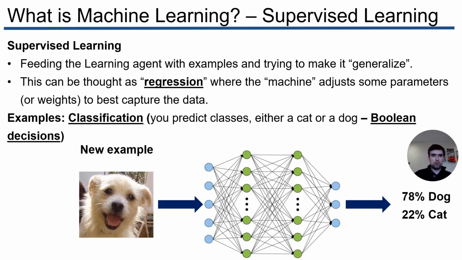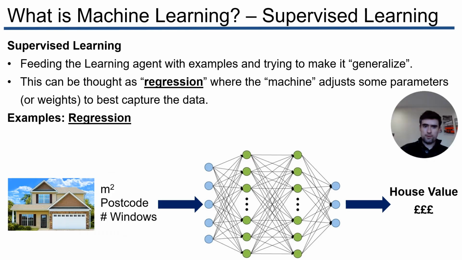Again, this is what we would call classification, because we make Boolean decisions and we sort whatever input we get into a class. This doesn't have to be an image necessarily. It can be something like the example that we had before, with the tumor size and the age of a patient.